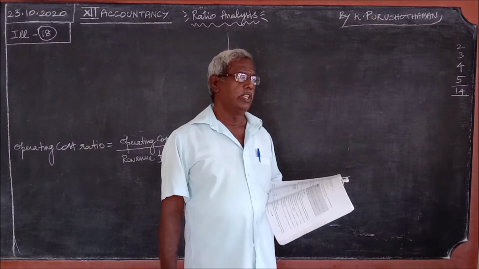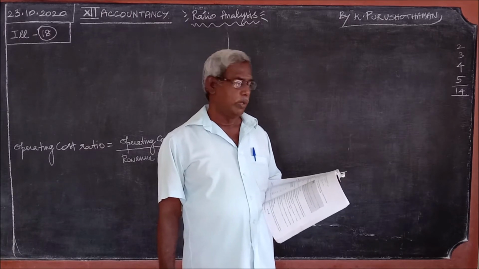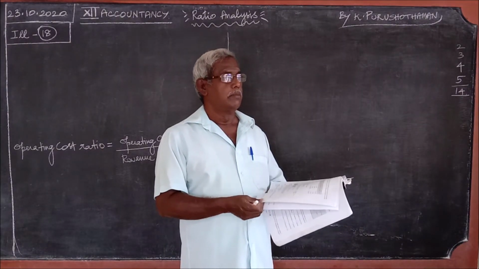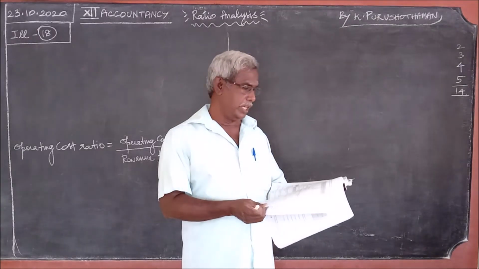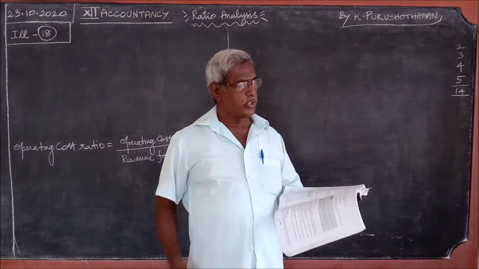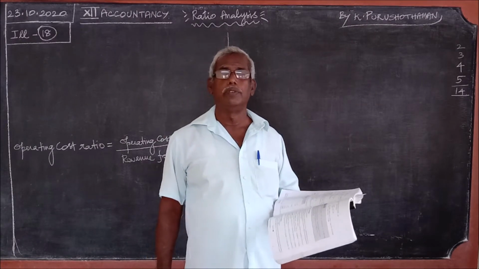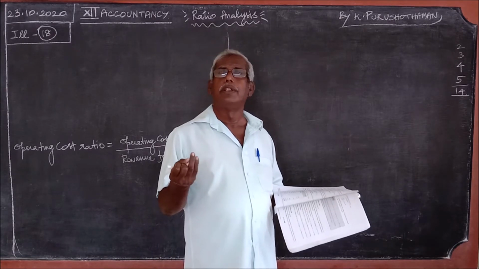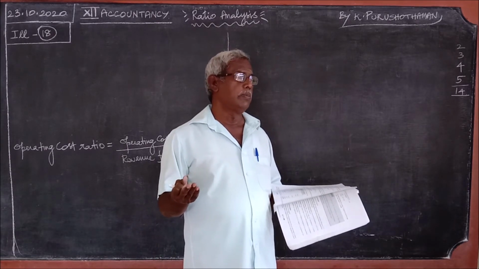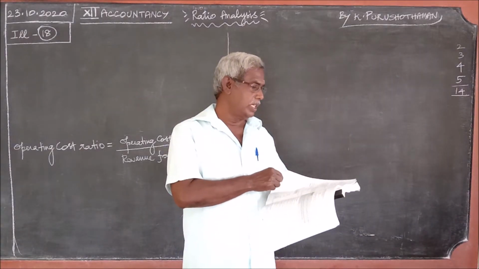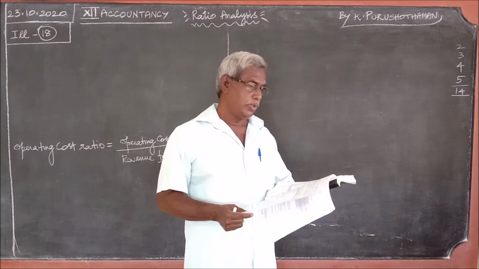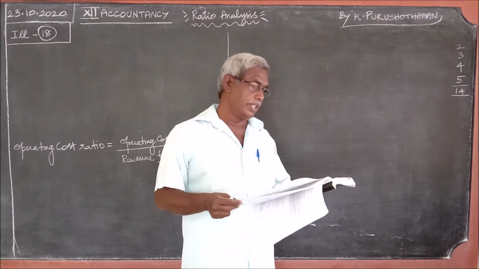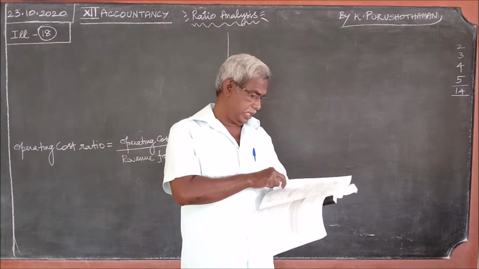Then in the fourth one, turnover ratio, the first one is the inventory turnover ratio, bills receivable turnover ratio, bills payable turnover ratio, and the last one is fixed asset turnover ratio. We have seen all the 4 separately, and in single problem also we have seen already.